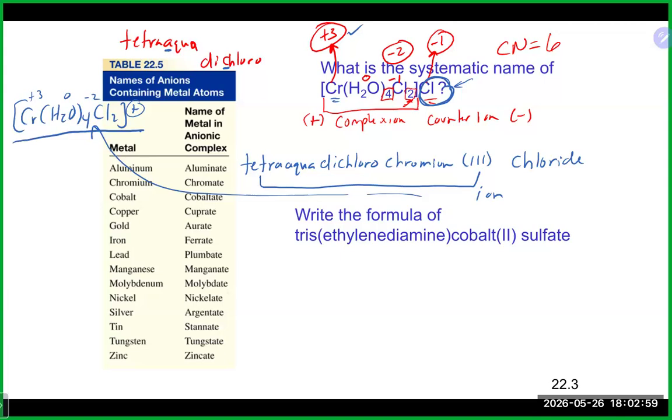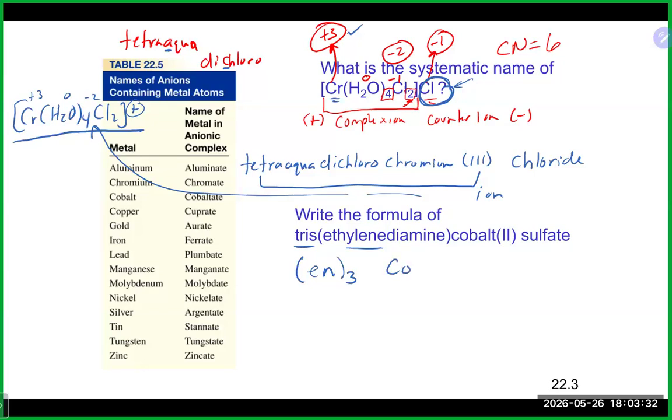All right, in this case, we do have the name given to us, so we're going to put it together correctly, hopefully. So tris(ethylenediamine), that is that one with the 2 carbons and the 2 NH2 groups, and tris means 3. So we basically got this going on. Again, the en abbreviation is used both in the formula and the name very commonly. We have cobalt with a +2 charge there.